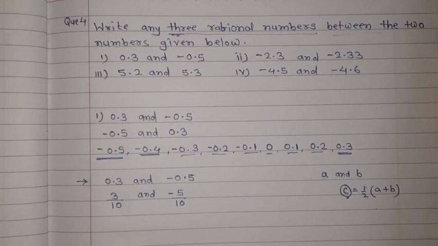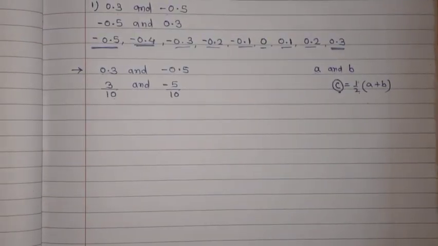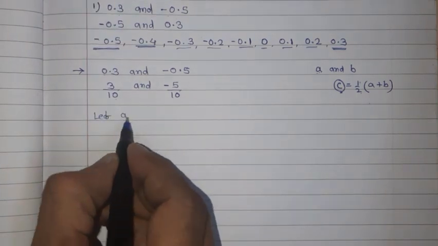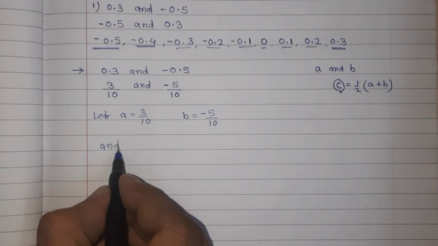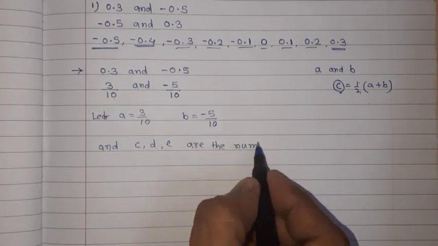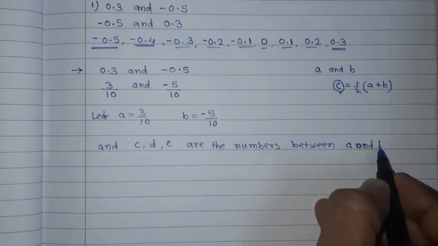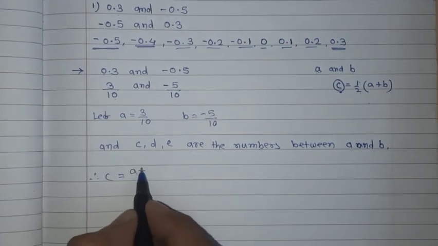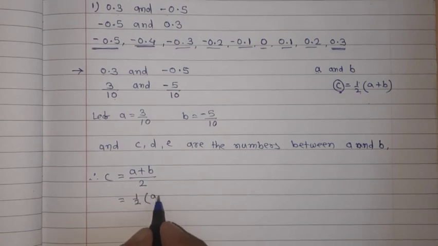For that purpose, suppose A is equal to 3 upon 10 and B is equal to minus 5 upon 10, and C, D and E are the numbers between A and B. First of all we have to find C. Therefore we write C is equal to A plus B upon 2, or half into A plus B.